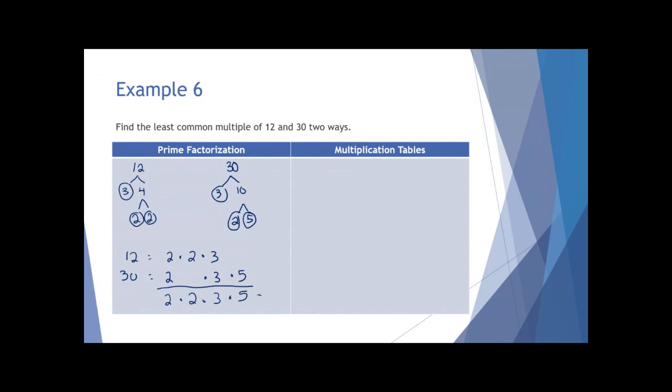So then when you multiply all those together, 2 times 2 is 4, 4 times 3 is 12, and 12 times 5 is 60. So the 60 is considered the least common multiple. So it's bigger than both numbers, but it's the smallest number that they have in common when you go through the multiplication table.